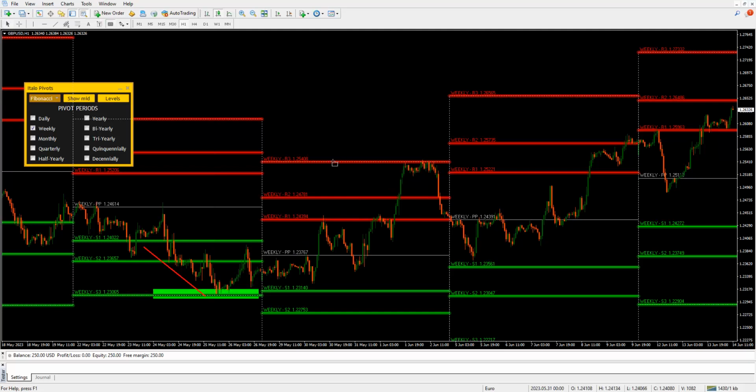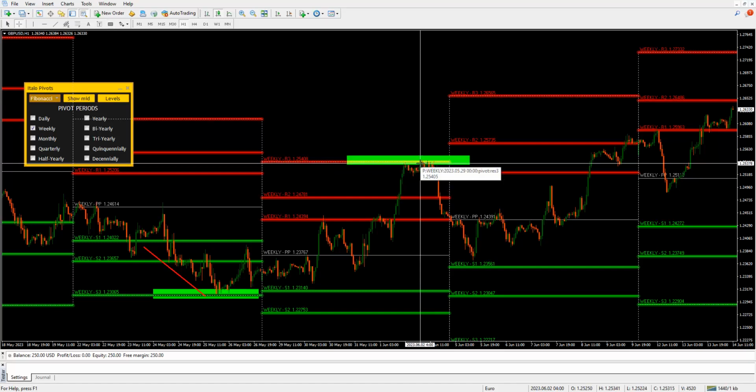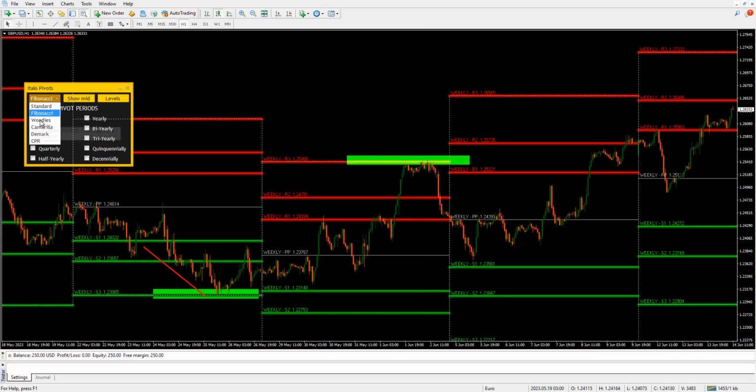And then on weekly R3, resistance 3, the market rejected, made a reversal, and then the market went down more than 1,000 points.